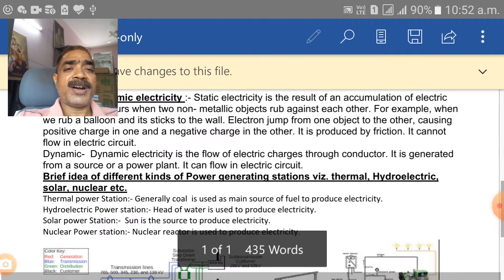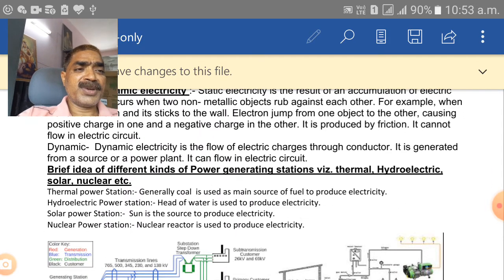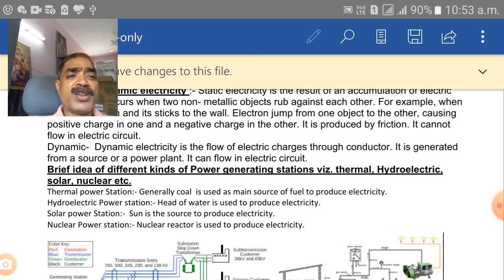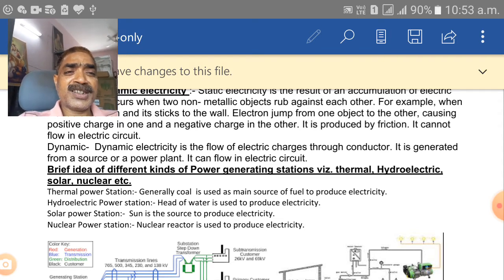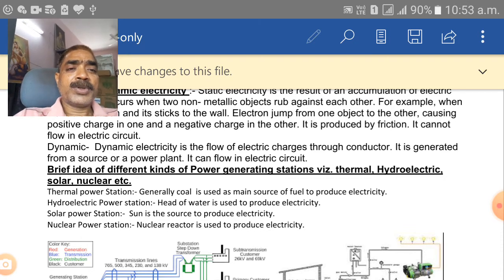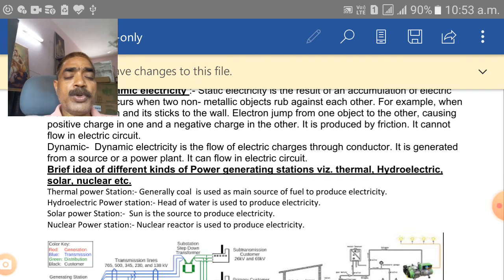Next, a brief idea of different kinds of power generating stations: thermal, hydroelectric, solar, nuclear. So you see first the thermal power station. You have heard the name NTPC, National Thermal Power Corporation. So here we generally use coal as a fuel to produce electricity.